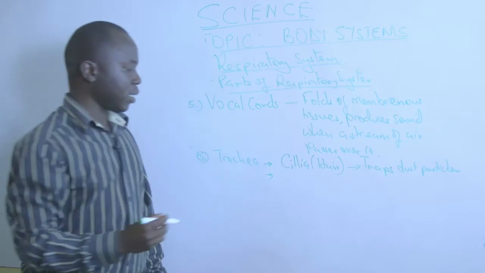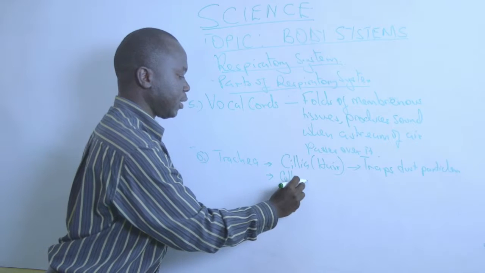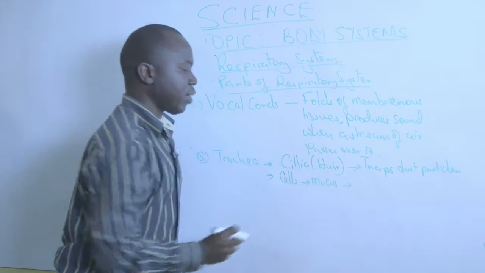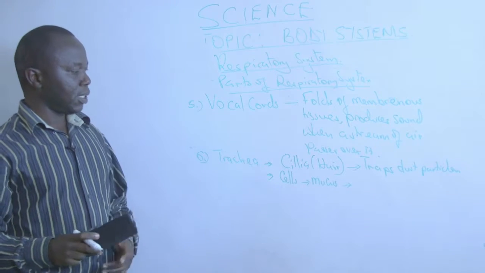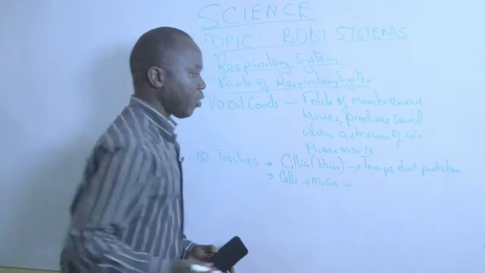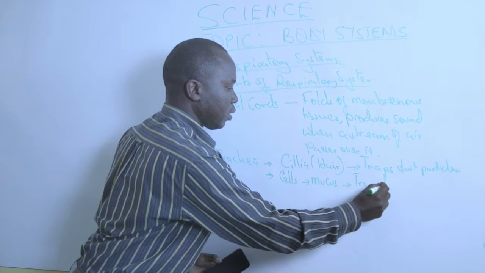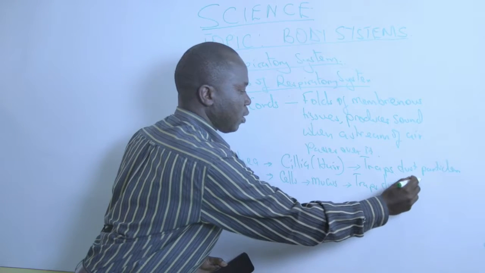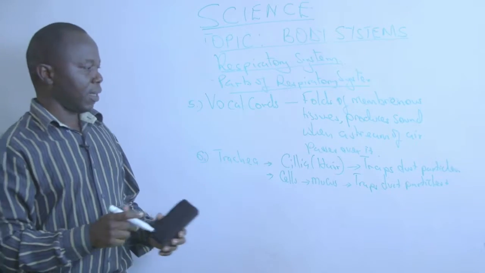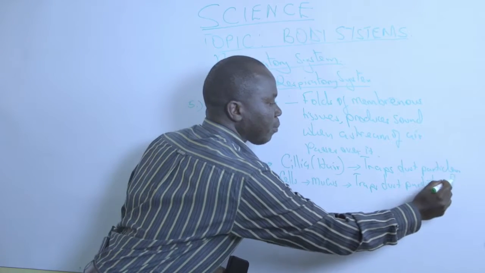Again, in the trachea, we have cells that secrete mucus. We have already identified the role of mucus in the respiratory system, performing nearly the same role, trapping of dust particles. But remember, these dust particles come together with disease-causing organisms. We call them pathogens.